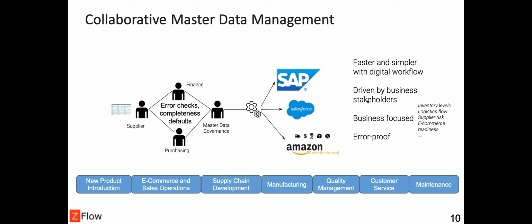The second thing that we are also looking at is, how do you get business stakeholders directly involved in master data management? Right? They should be the ones that initiate it or provide correct information or do some evaluations. And when you're doing evaluations of master data, it should be with an eye towards business improvement, right? If I'm doing material masters, what's the key inventory level?